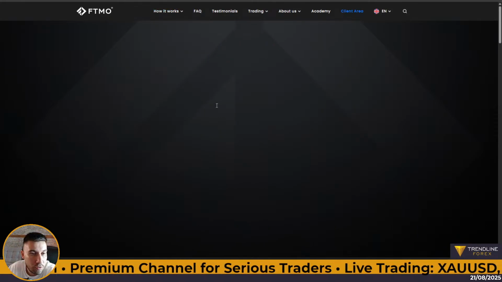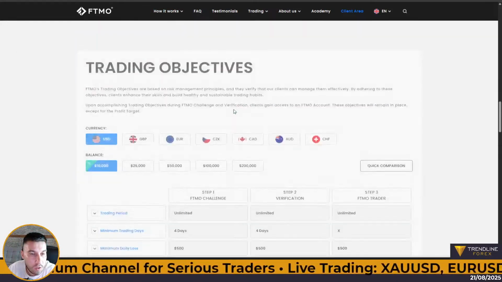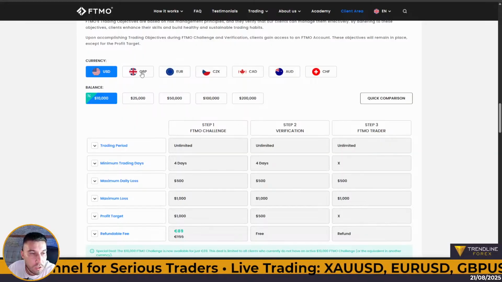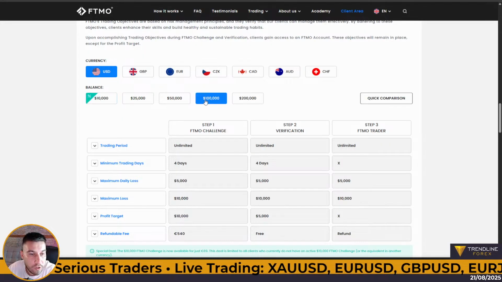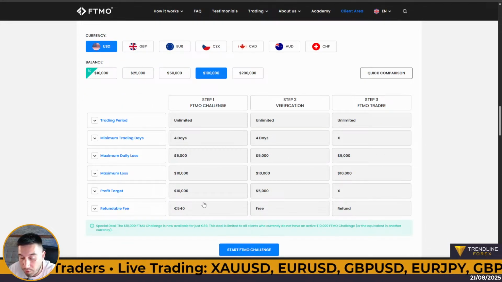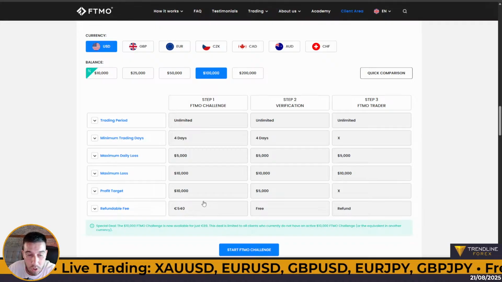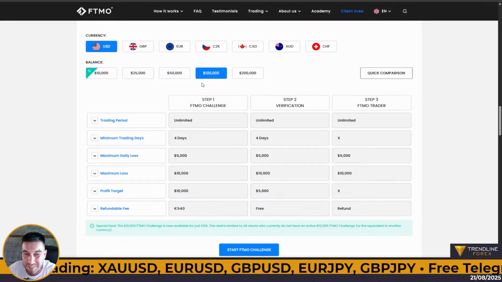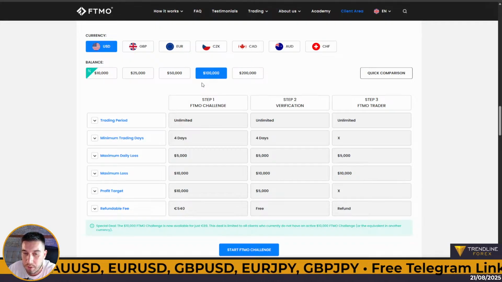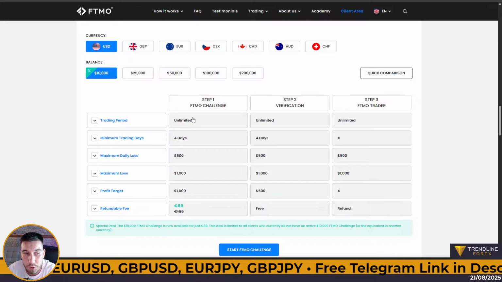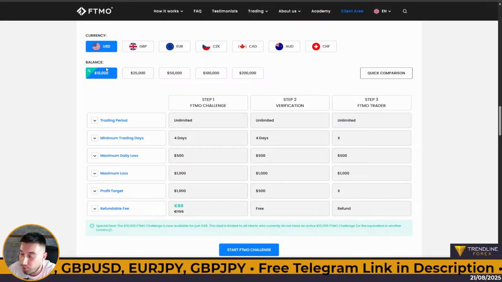So let's say if you go for a 100k account, it's 540 euros. That's quite a lot of money, and if you don't pass the account, then the money is gone. So I would probably recommend go for 10k first, try and pass a few of those.